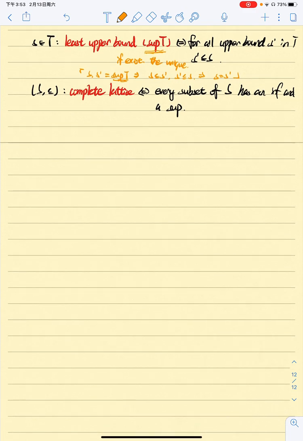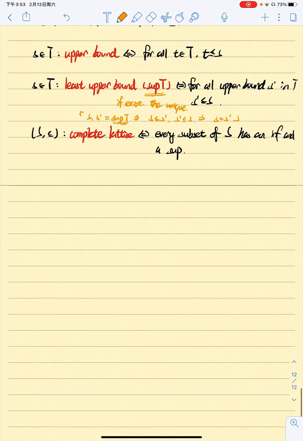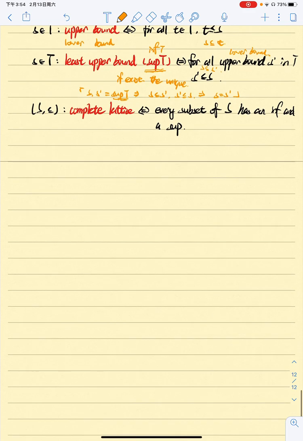And the lower bound is defined dually. Lower bound, here we change the set, S smaller than T. Here, the lower bounds are inf T. Here, S smaller than S prime.